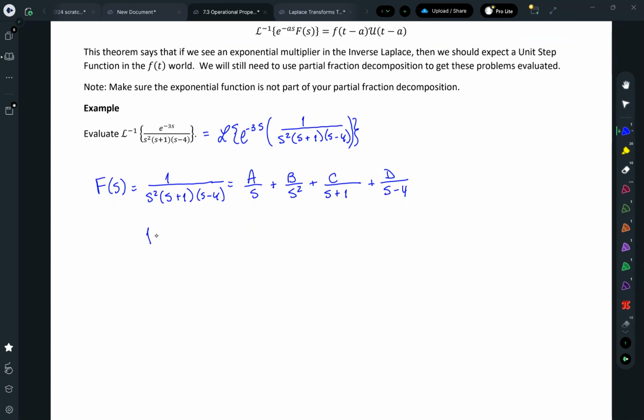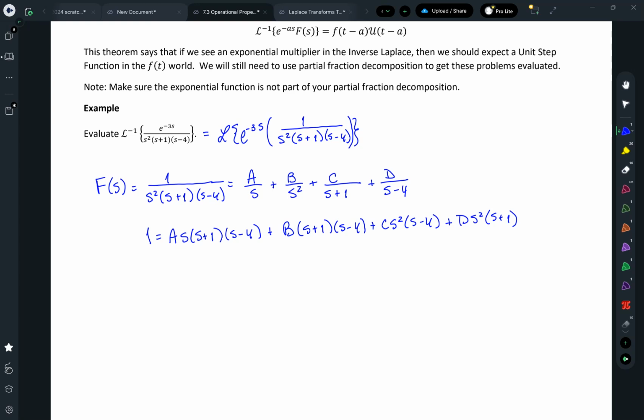We get 1 is A times s times s plus 1 times s minus 4 plus B times s plus 1 times s minus 4 plus C s squared times s minus 4 plus D s squared times s plus 1.